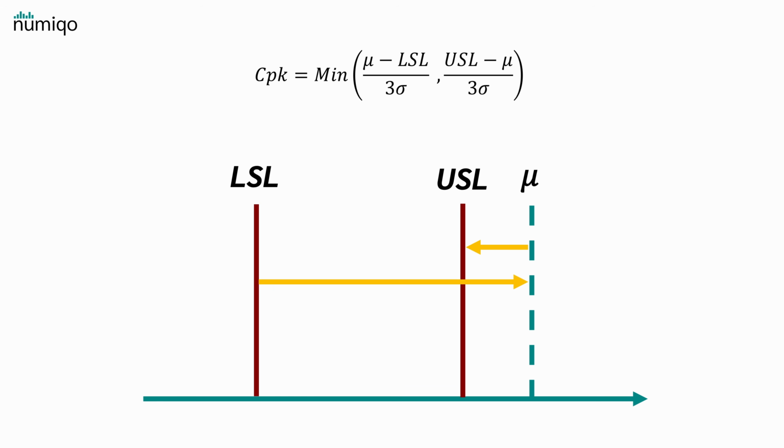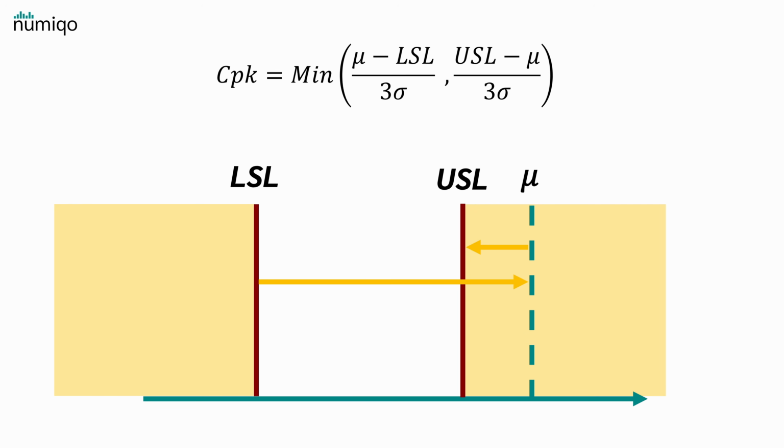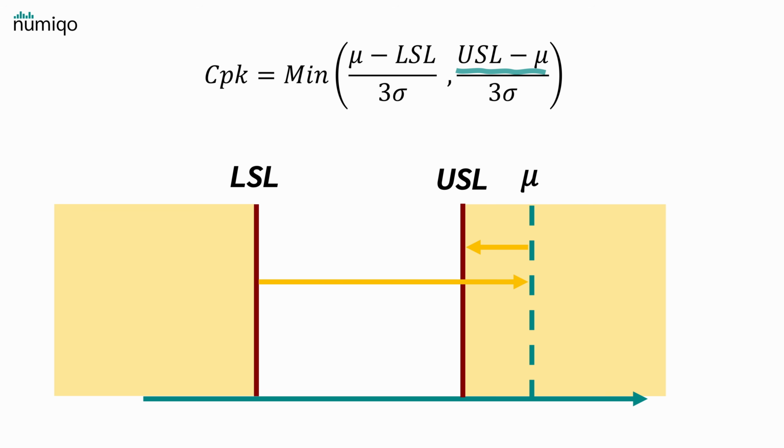If the process mean is outside the limits, either on the right or the left side, we get a negative CPK. We then divide the distance from the mean to the nearest specification limit by 3 times the standard deviation, 3 sigma, which is half of the 6 sigma process width.